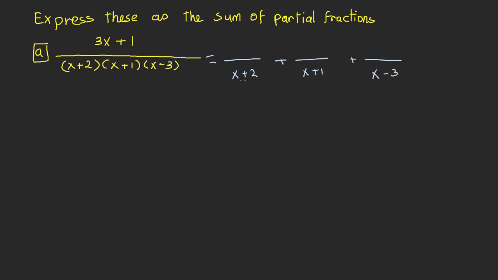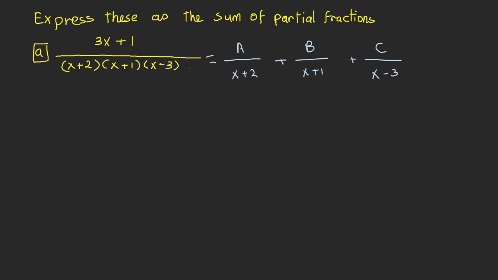Now we notice that all of those are linear factors. So for the linear factors, we put only a constant. We put a here, b here, and c here. What we're going to do is find the values of a, b, and c, which will fulfill this relationship.